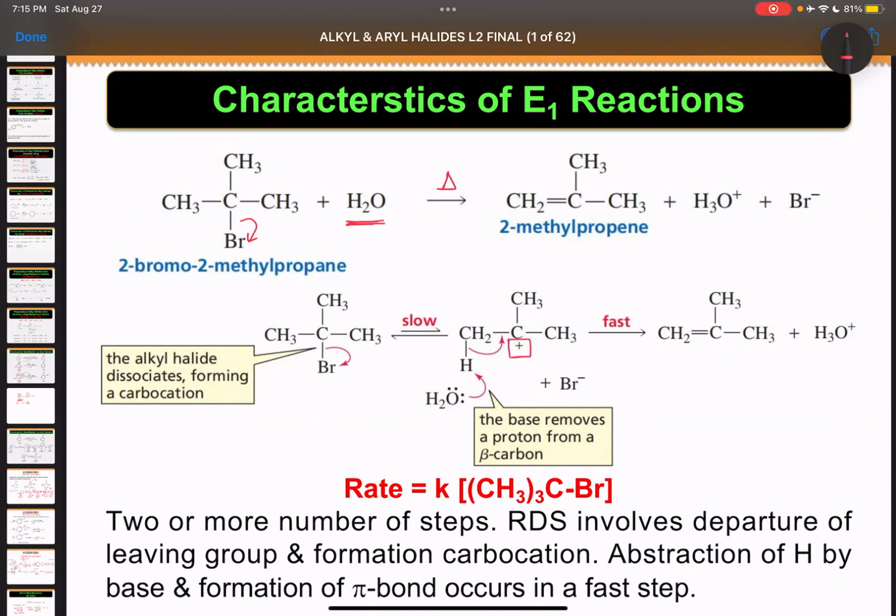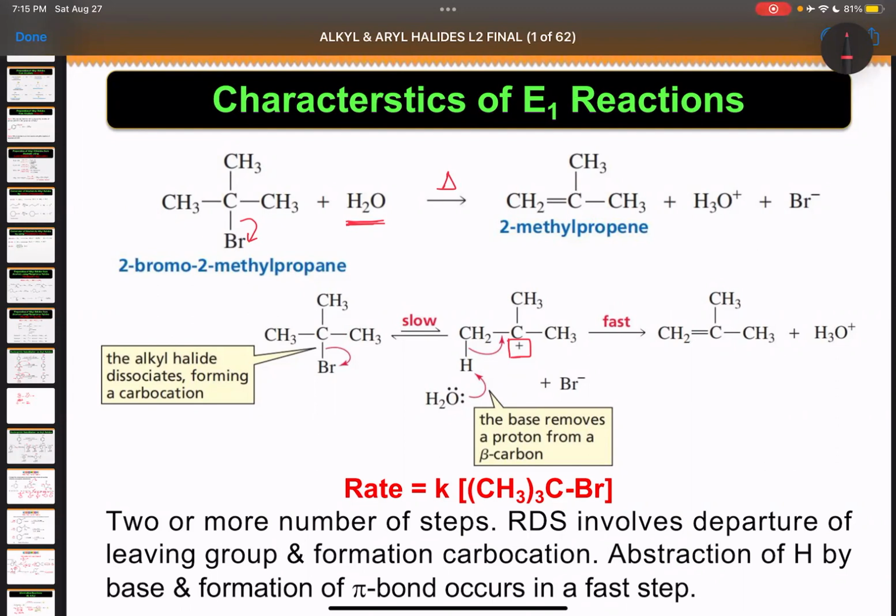This carbocation is stable because it is stabilized, not by resonance, but by the three alkyl groups which are close to it. Now this carbocation is not going to stay as it is because it is just an intermediate.